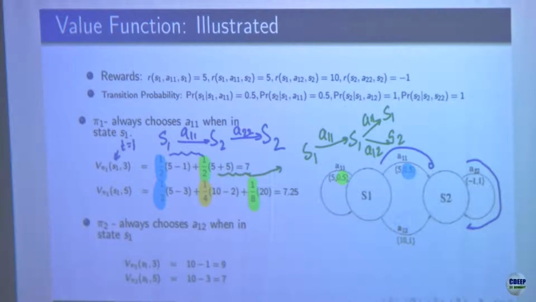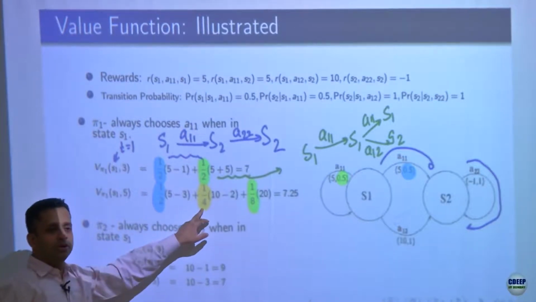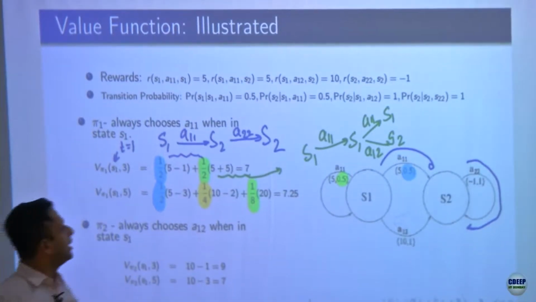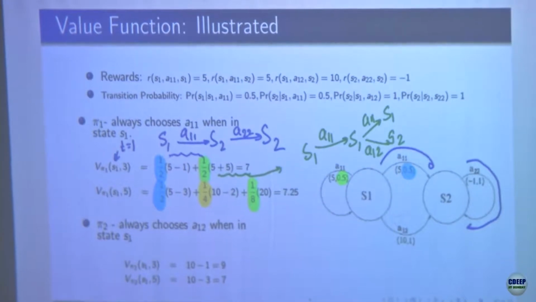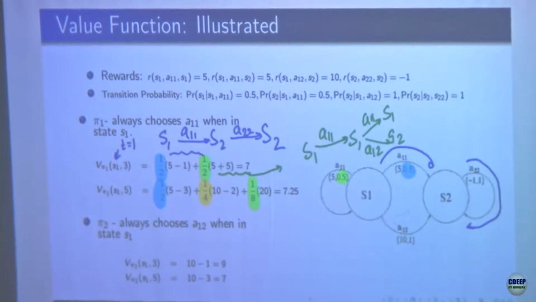And what does this middle path correspond to? Anyone? V pi 1 S1 5. What does this correspond to? So you're doing 2 S1s, right, and then 2 S2s.